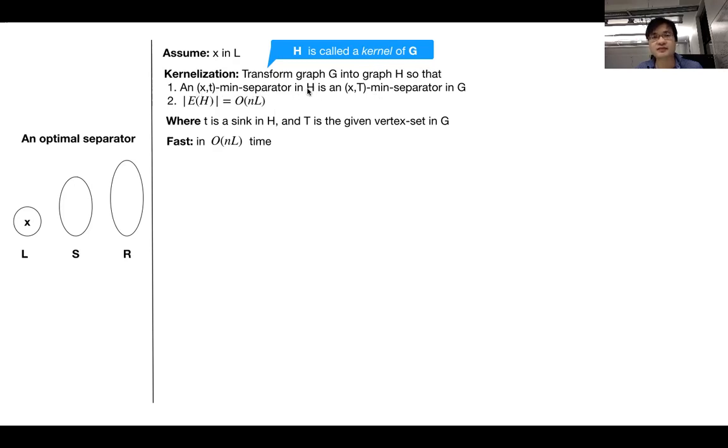An X-t minimum separator in H is an X-T minimum separator in G. I want this graph to be of size ML, where small t is a sink in H and capital T is the given vertex set in G. We want this kernelization to be done in NL time.